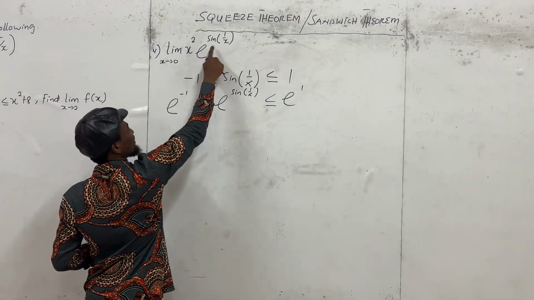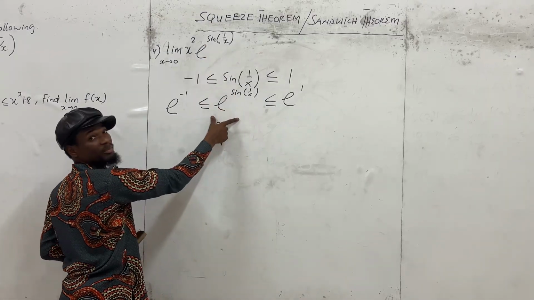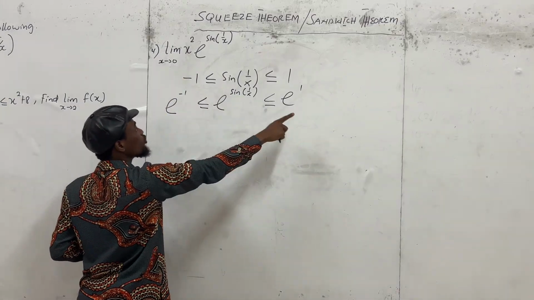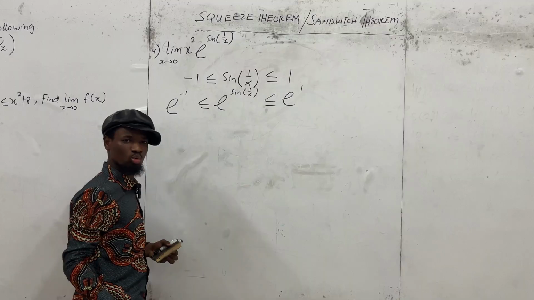So we have this, right? What is missing? x squared is missing, right? So we can still multiply the equation by x to the power 2.